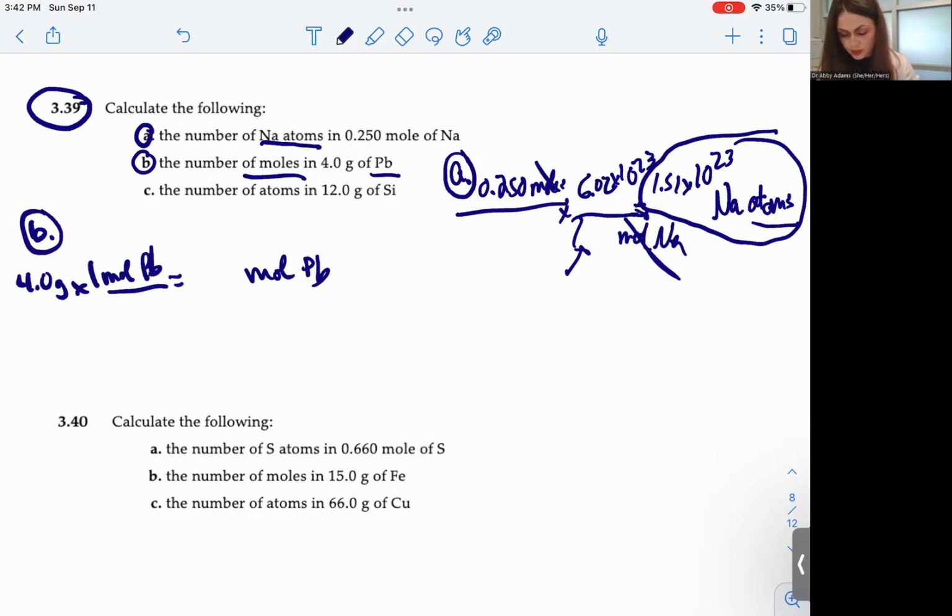If you look at your periodic table, okay? So if you're going to do your math, you should get 0.019 moles. So that's how many moles are going to be in 4 grams of lead. All right.